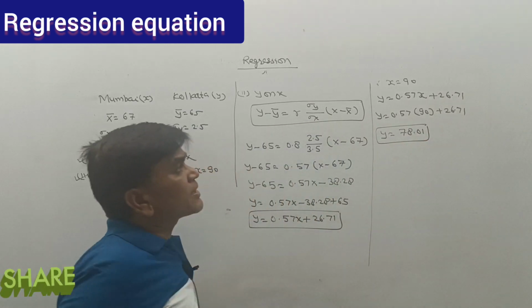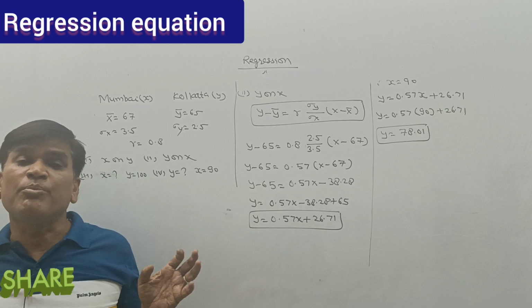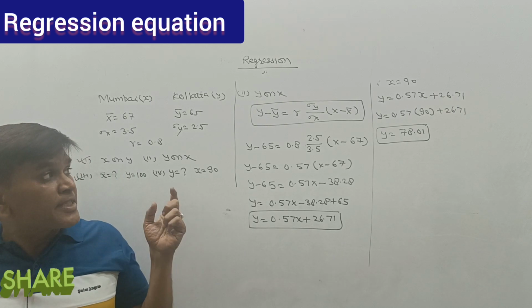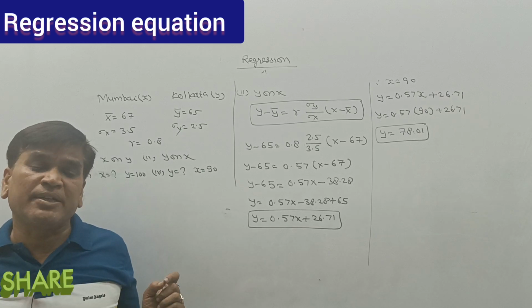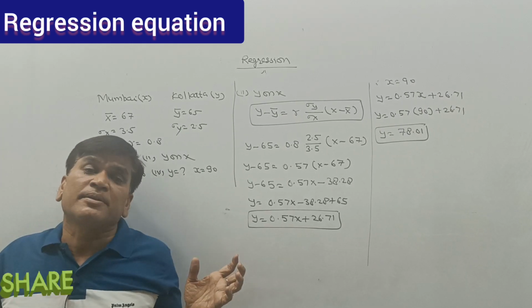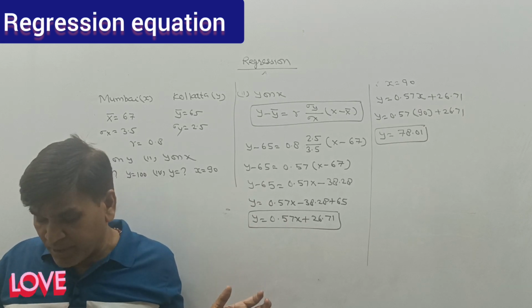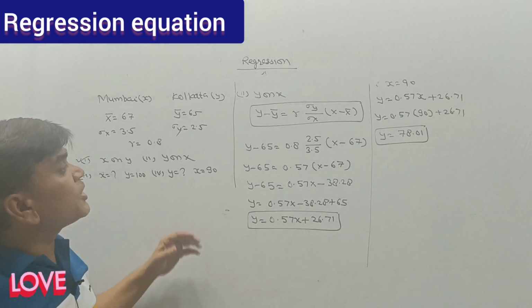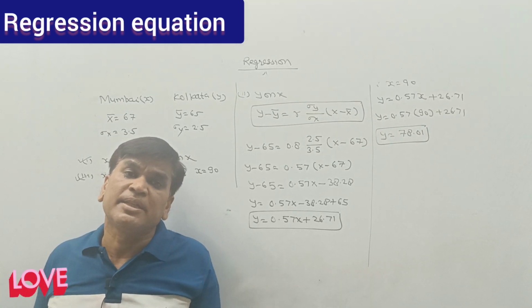So here also we are saying that the article whose price in Mumbai is 90, the same article in Kolkata we can purchase for 78 rupees. So in this manner you can solve regression equations. No problem at all. Just put the formula and very easily we can calculate the regression equation.